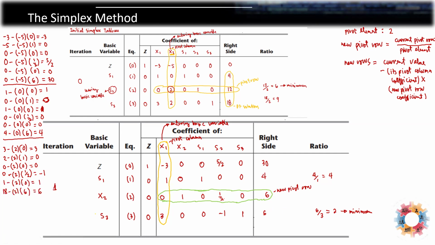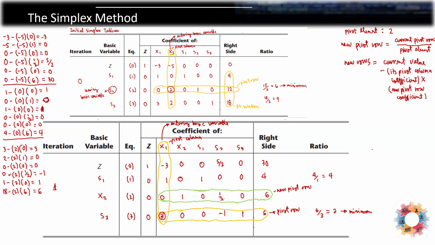That's your pivot row, which means that this is your pivot row for iteration 1, and that makes this number 3 your pivot element.